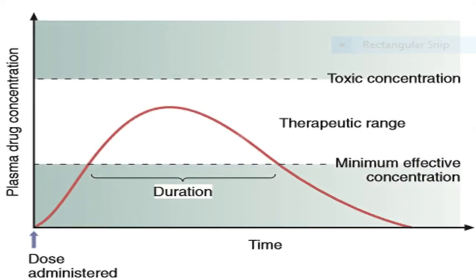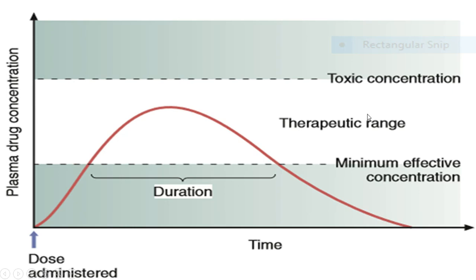This diagram shows the relation between the dose, meaning the plasma drug concentration, and the time duration. So we have three levels. The first one, the light blue, maintains the minimum effective concentration at this point, and then it rises to give a therapeutic effect.